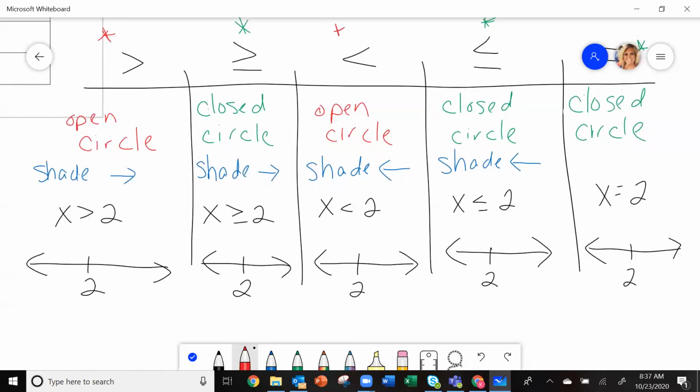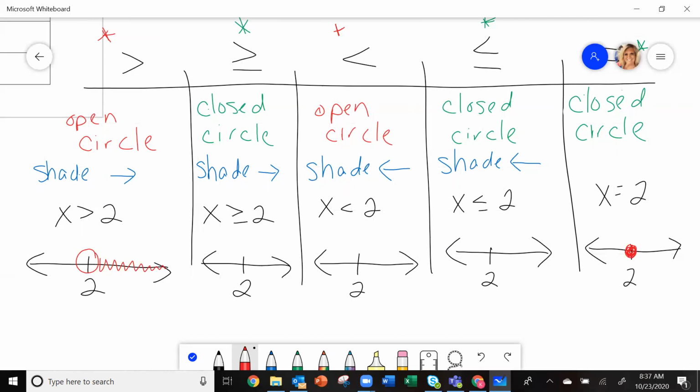When it is x, let's go over here to the right. If x is equal to 2, all you're doing is putting a closed dot at 2 because it is just equal to that number, and the only solution is that number. Now, if I go back over here to the right, it says x is greater than 2. It says to use an open circle, so we're going to do an open circle, and greater than means to shade to the right.